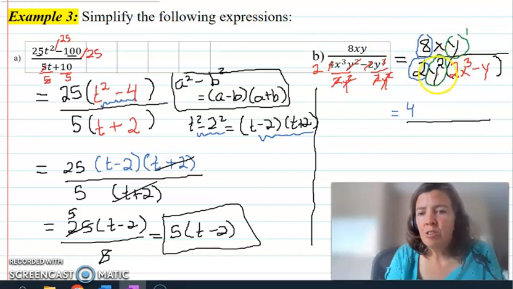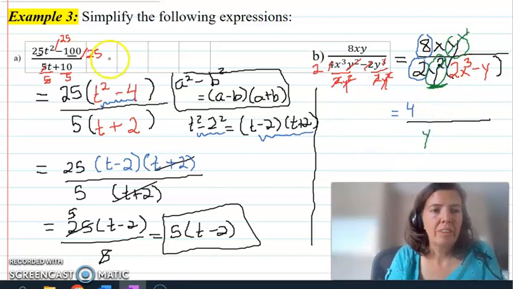The y is going to survive wherever the higher power is. So we're still going to have a power of y on the bottom. And the power that's left, if we cancel y to the first, then we should subtract 1 from this exponent. So now it's y to the first in the denominator.